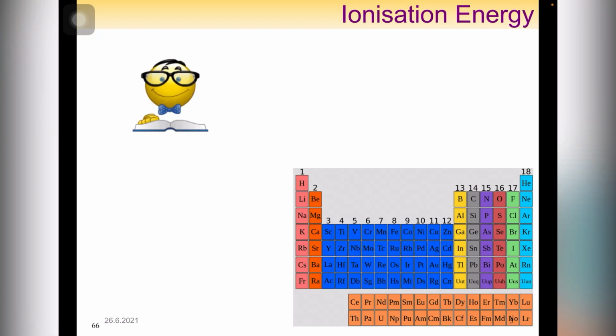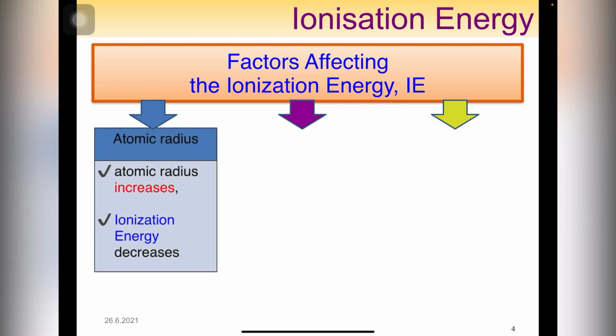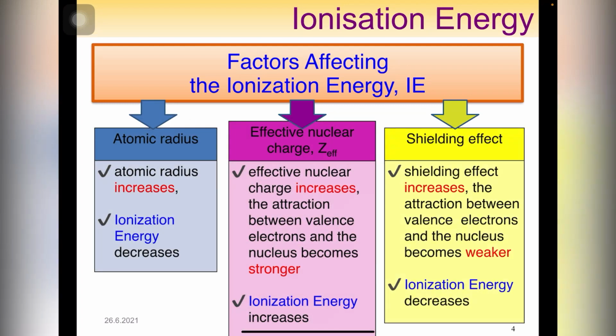And for the shielding effect, when the shielding effect increases, the attraction between the nucleus and outer electrons becomes weaker. When the shielding effect increases, the inner electrons in the inner shell shield the attraction between the nucleus and outer electron, making the attraction weaker.